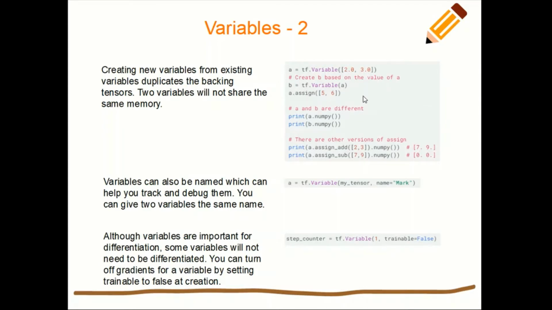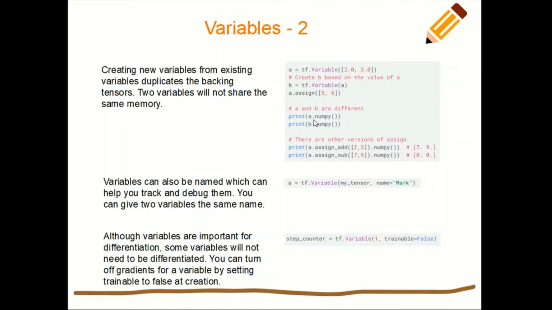Now the question is, will it change the variable b or not? The answer to that is no. The variables will not share the same memory. So the variable b is independent once it is created, and variable a is independent, right?